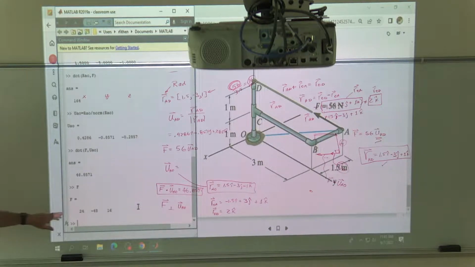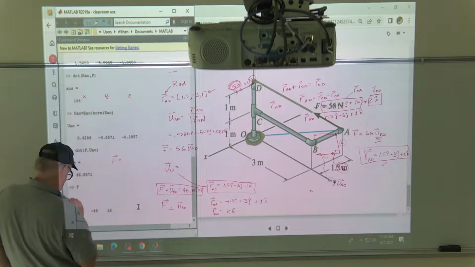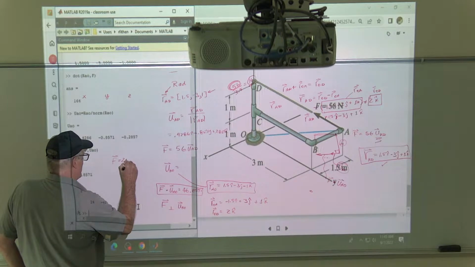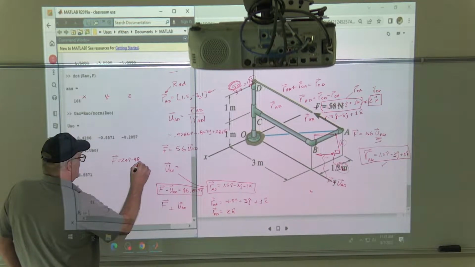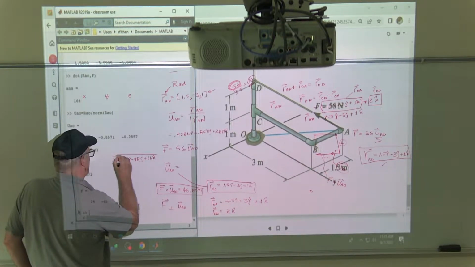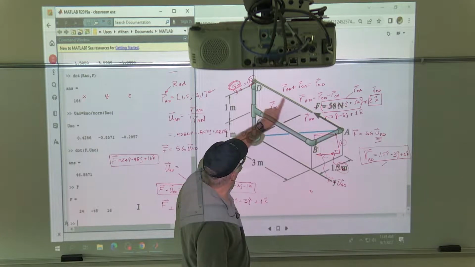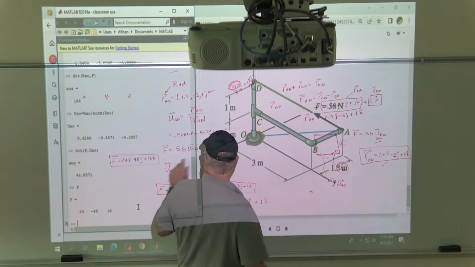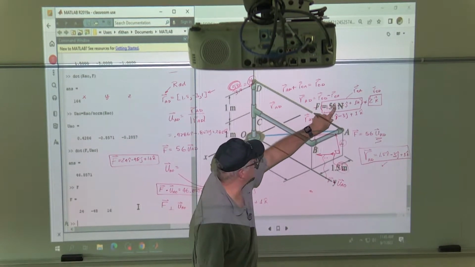From the mathematics, I found that it's 24I minus 48J plus 16K. So I found that by running up this line and then finding the unit vector along that line and then multiplying it times 56. Yeah, 56. It's kind of hidden right there.